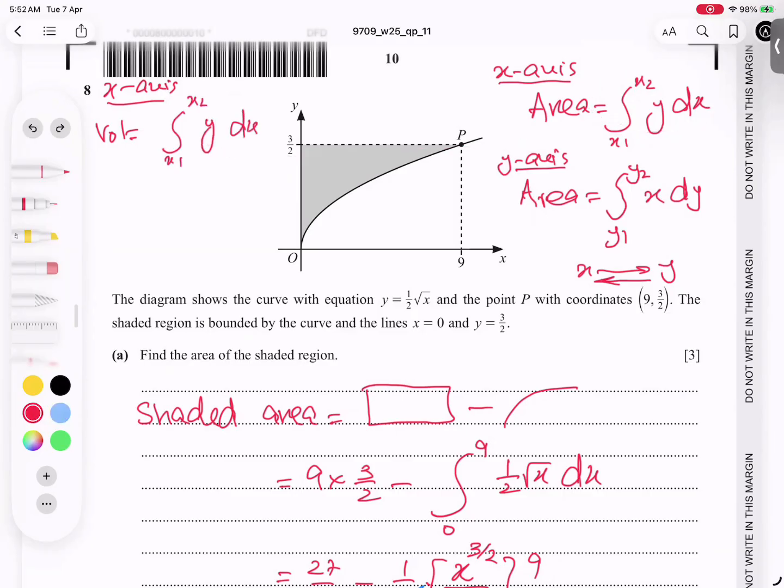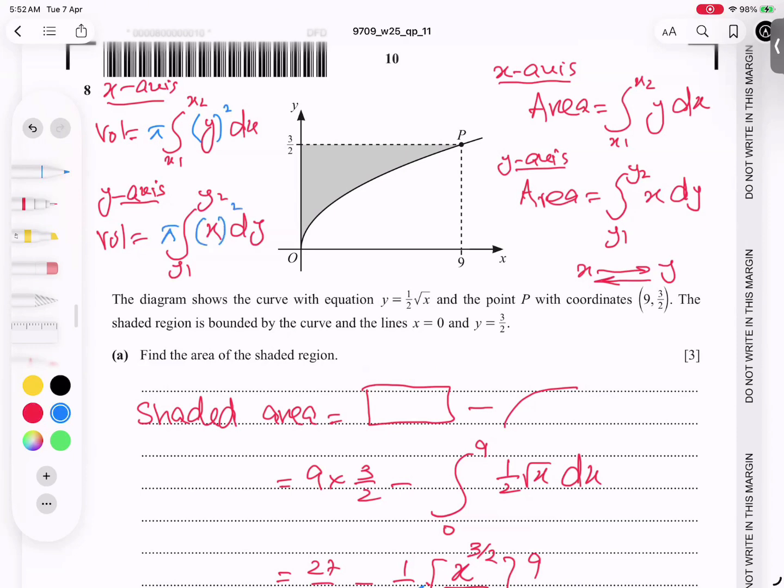But what is the new part? Pi outside and the square of y. But if the formula is about the y-axis, as required in this question, everything is again reversed: here x, here dy, here y1, here y2. So pi outside and the square of x.